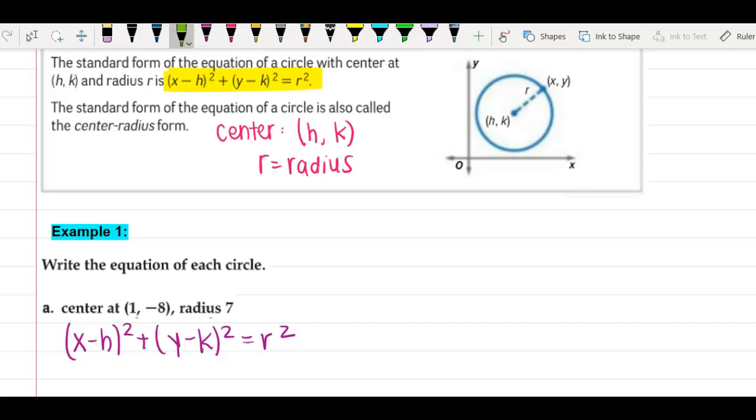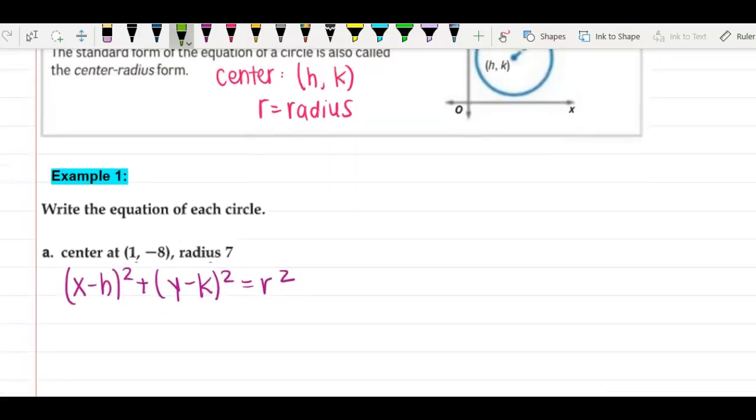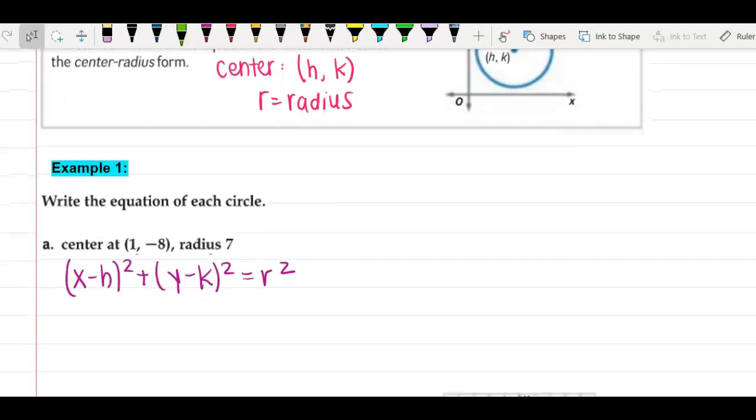We have to figure out the only three things we're changing: what is h, what is k, and what is our radius? h and k come from the center, so the x coordinate right here is our h, so h is positive 1, k is negative 8, that's our y coordinate, and r would be 7.